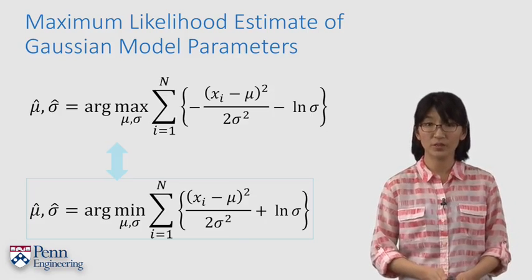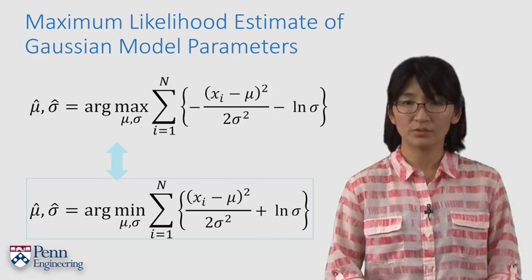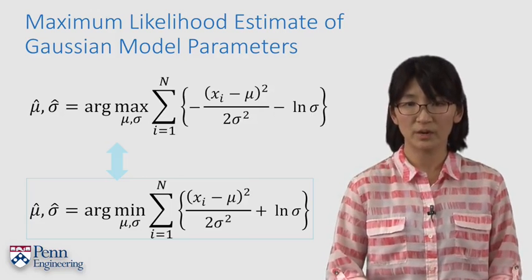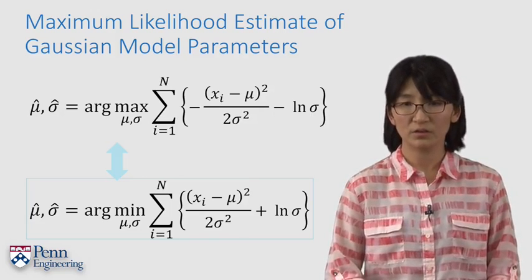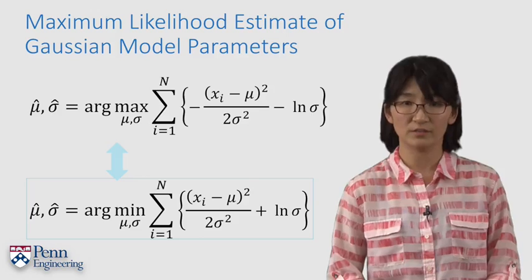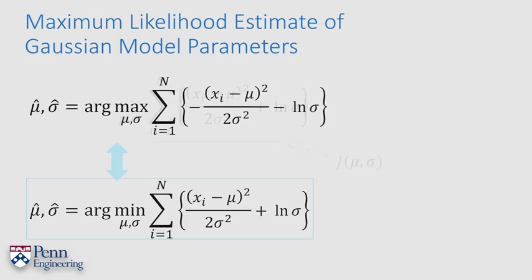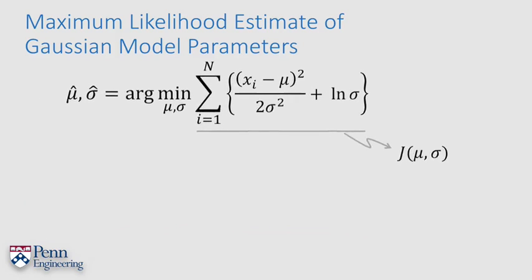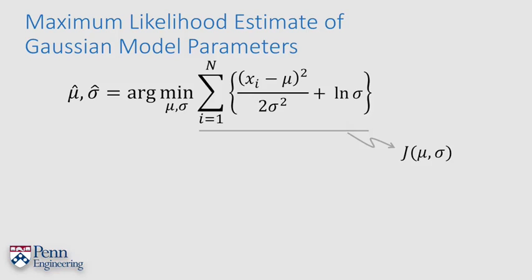Why switch to minimization? The two problems are equivalent, but writing an optimization problem as a minimization is the standard form, and we are following that to be consistent in notation. Let's call this whole part J. This is a common symbol to represent a cost function that we want to minimize.